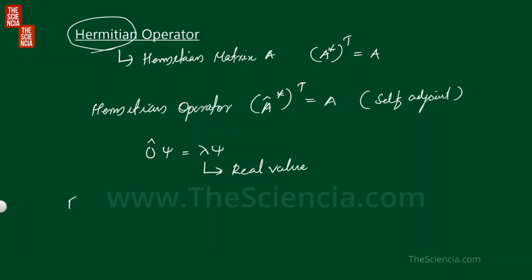Examples of Hermitian operators are the quantum mechanical operators: the Hamiltonian operator, momentum operator, position operator, angular momentum operator, etc. Suppose a Hamiltonian operator is operating on some state. You will get the energy times the state, and this energy is always a real value. That is why I told you the Hermitian operator always gives a real eigenvalue.